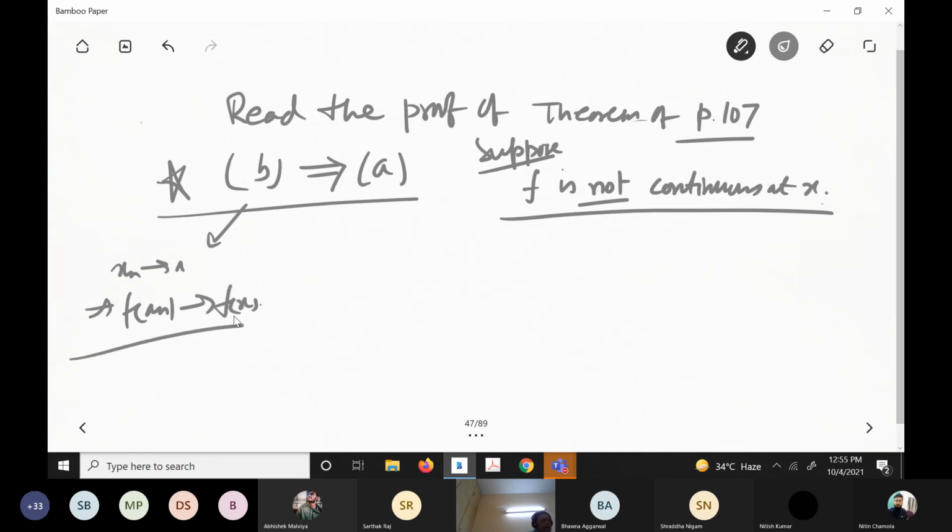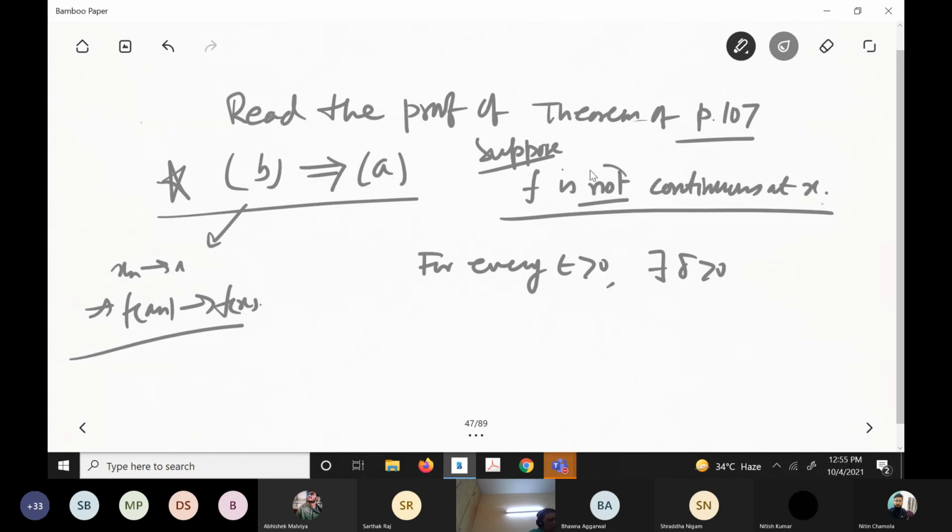Now, if f is not continuous, the contradiction in logic terms is the contrapositive. If f is continuous at x, that means for every epsilon greater than 0 there exists a delta greater than 0 satisfying those conditions, where delta depends on epsilon.